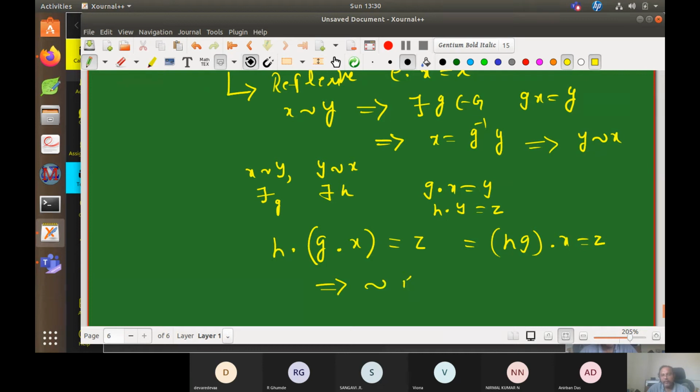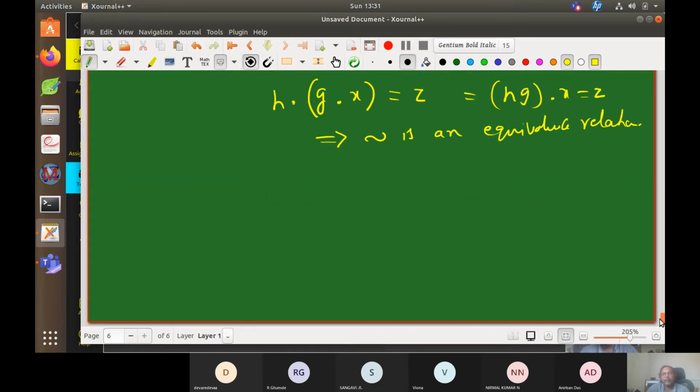So this relation is an equivalence relation. An equivalence relation automatically partitions the set.